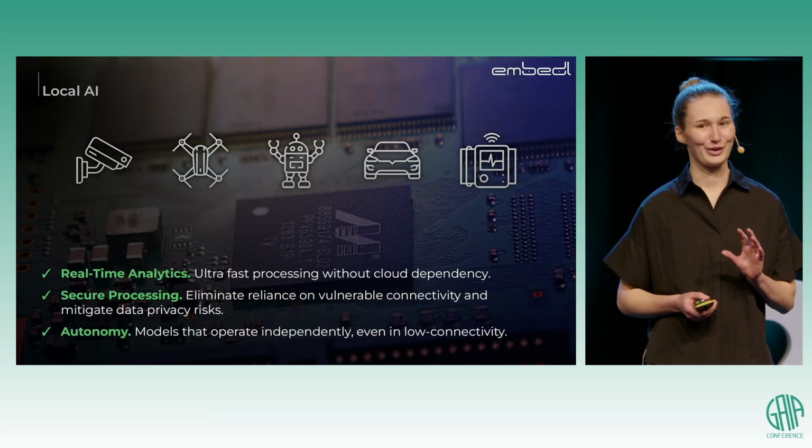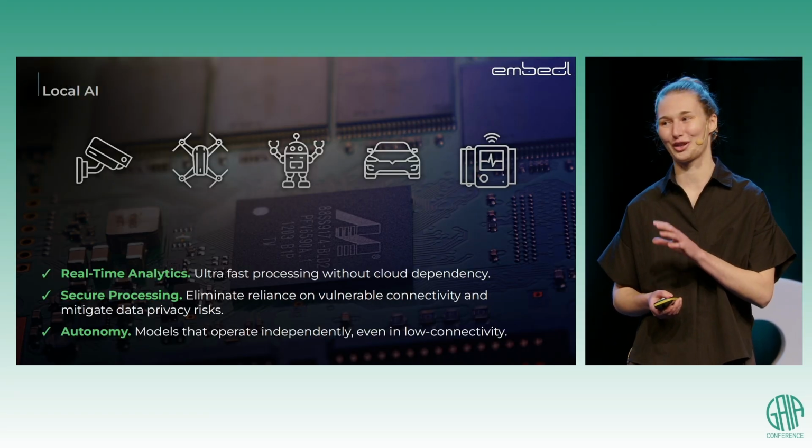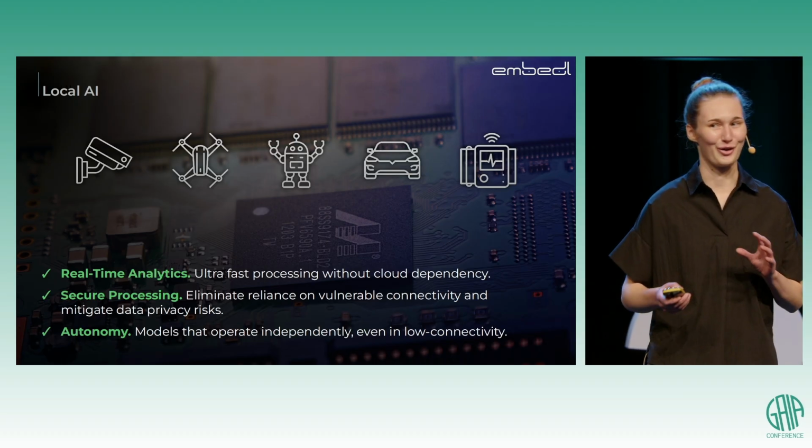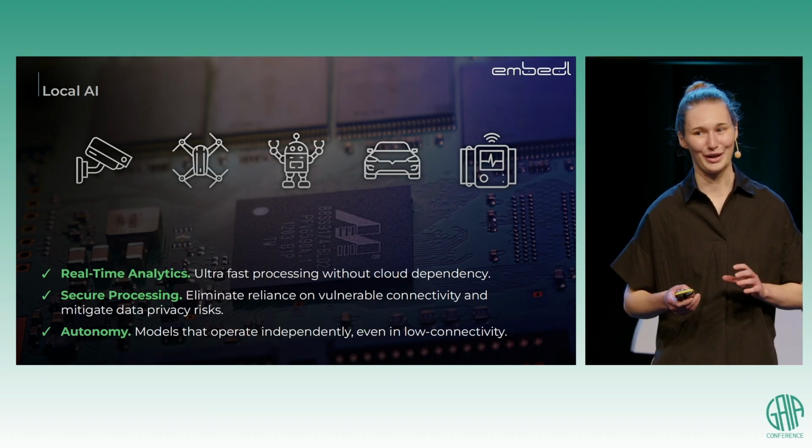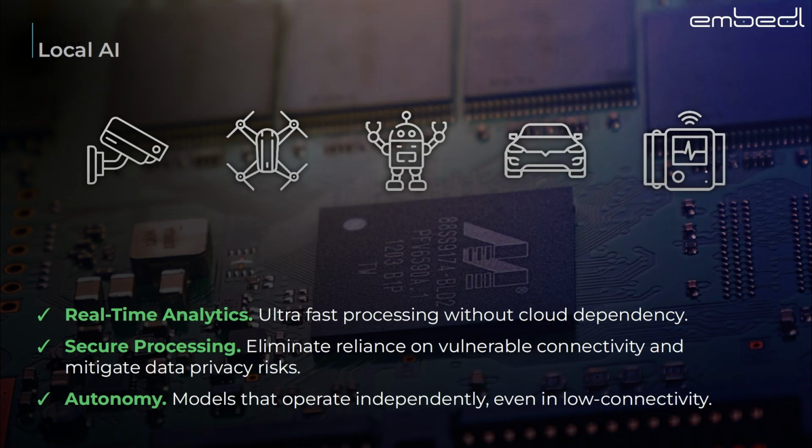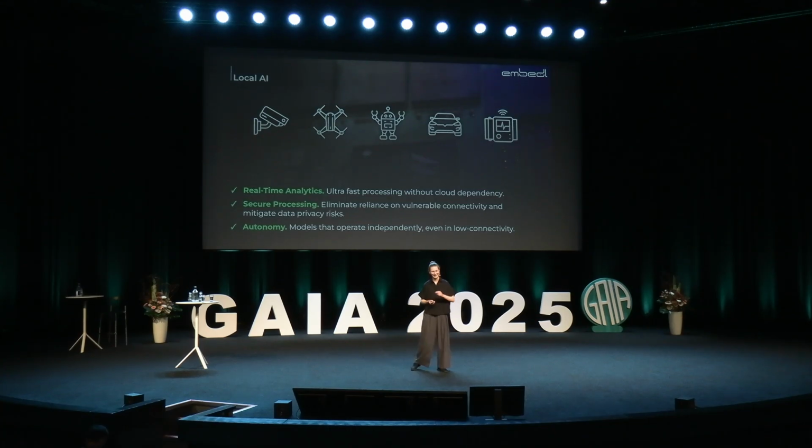Great. So since we are all here at Gaia, I think each and every one of you has some idea of where to use AI today and where to use AI in the future. And I think everyone wants to have real-time analytics. You want your model to be fast, and especially in, for example, autonomous driving, you want to have ultra-fast processing. We've just heard if a child jumps in front of the car, we want the car to react right away and not wait half an hour.